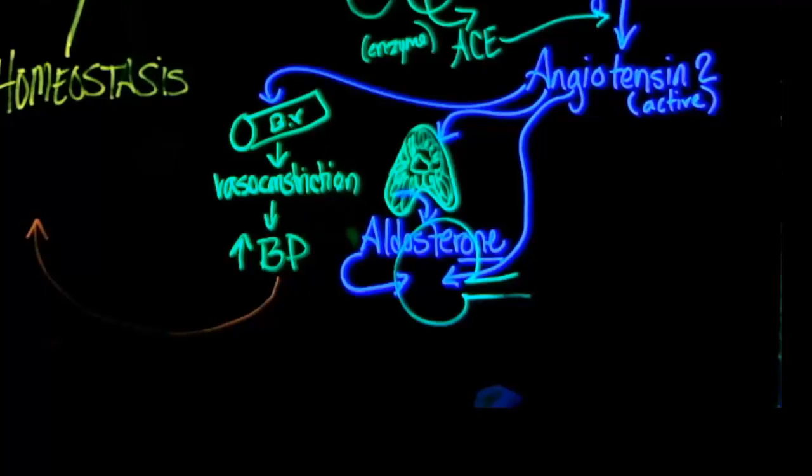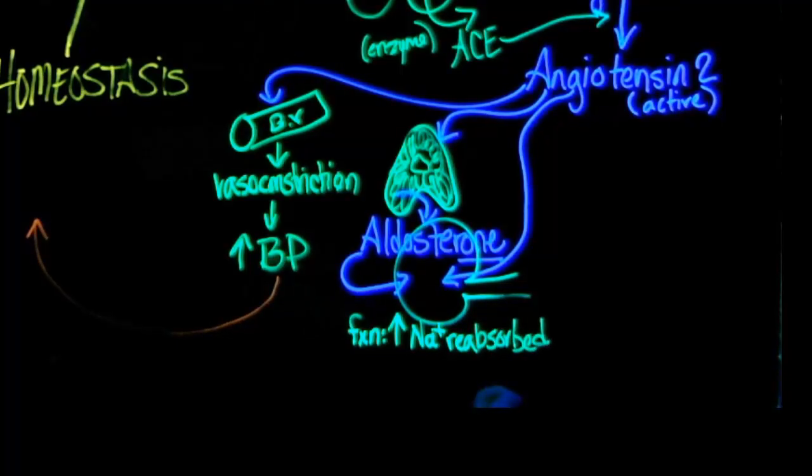Now, aldosterone is considered a mineralocorticoid because aldosterone's function is going to be to increase the reabsorption of sodium. So we're going to bring sodium into the body. Interestingly enough, angiotensin 2 can also encourage this increased reabsorption of sodium. However, in a unique twist of fate, we also find a secretion or decrease in potassium levels.